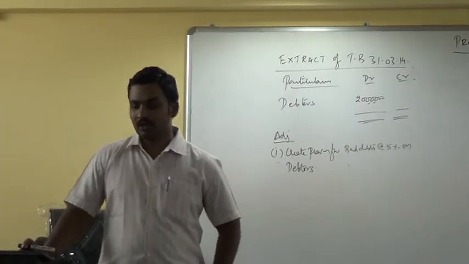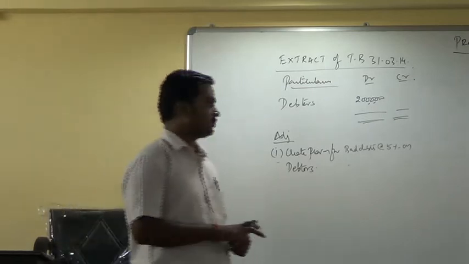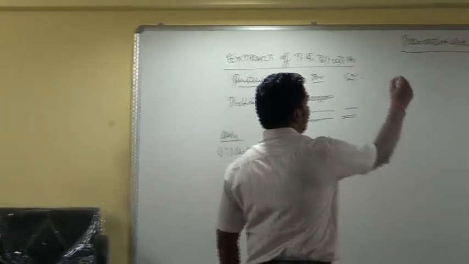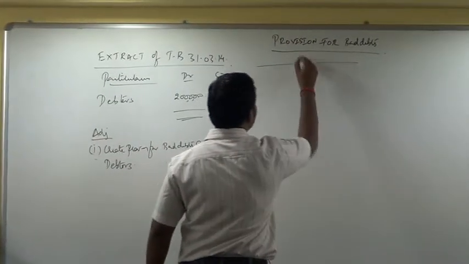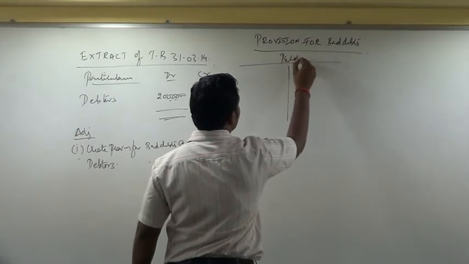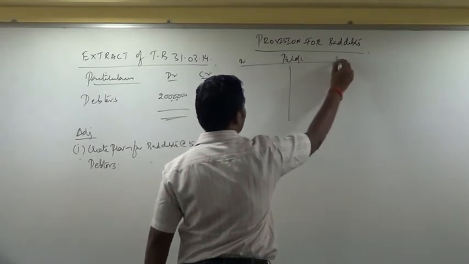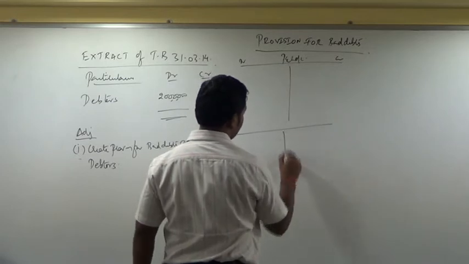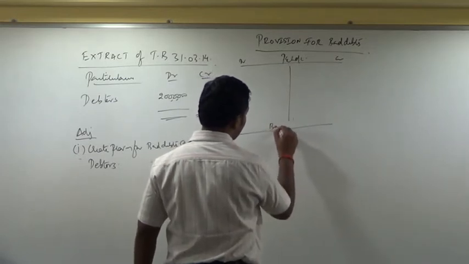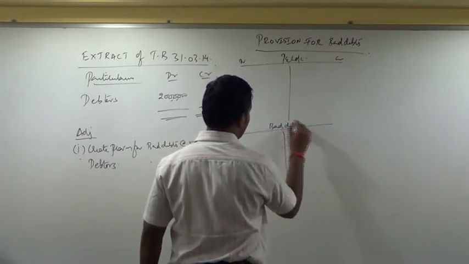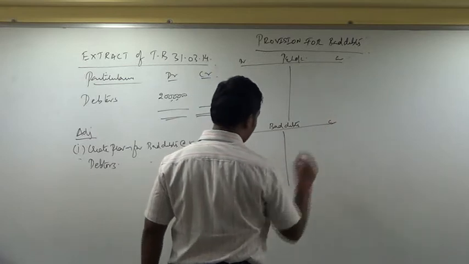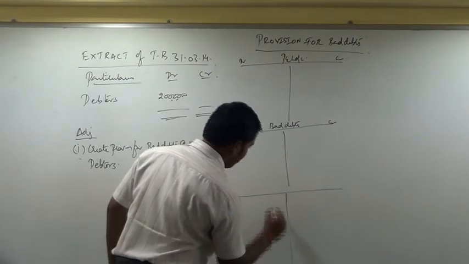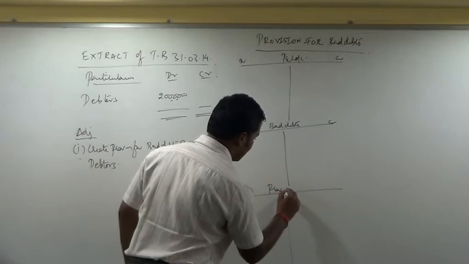Okay. Now what you will do is open a small profit and loss account, debit, credit. Open bad debts account, debit, credit.